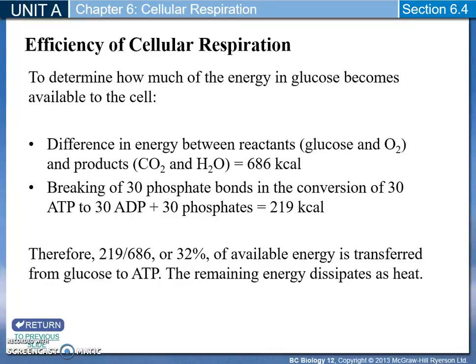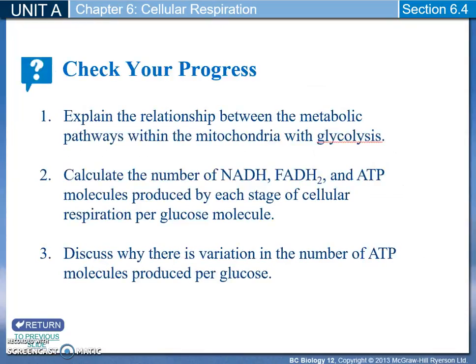That would be true of any system where you want to extract some energy. It will never be perfectly efficient. You will never achieve 100% energy efficiency in any system. There will always be some heat given off, and in this case, we are able to capture about 32% of the energy that's completely available.